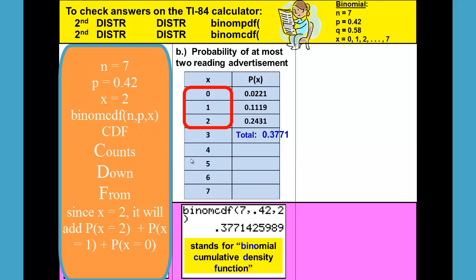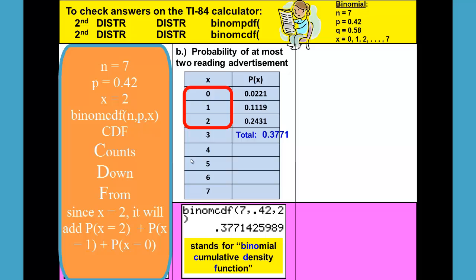We can use the binomial cumulative distribution function, which counts and adds up the probabilities. A shortcut to remember how this function works is to remember not what CDF really stands for, but an acronym, because CDF means that this function will count down from the number that you place in your X. It counts down the probabilities from that number down to 0.